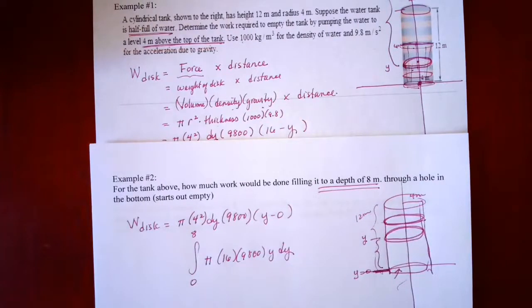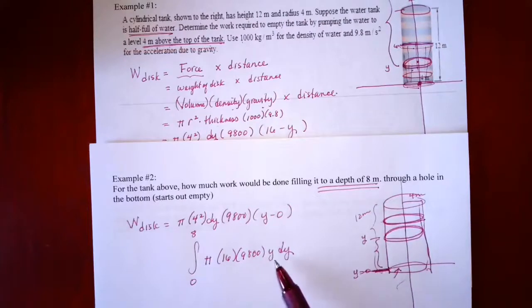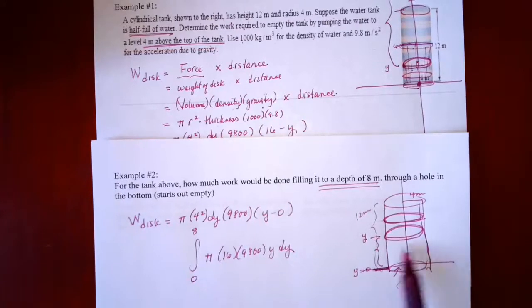So the setup's very similar, and as long as you don't change the tank, if the tank is consistent from one problem to the next, the only thing that might change would be the distance and the limits, depending on, are you filling it completely full, are you pumping it out just over the top, or what. Okay, but now obviously not all tanks are cylindrical, though we do love cylindrical tanks. Some of them have a slightly more complicated shape, and so we will also need to look at those.